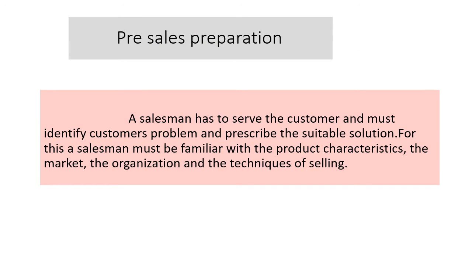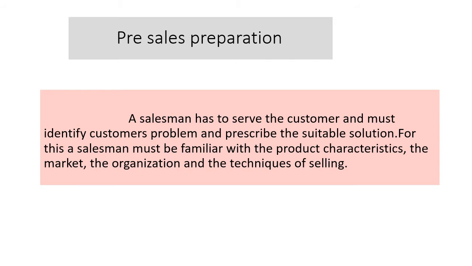The first step in the process of selling is pre-sales preparation. A salesman has to serve the customers and must identify a customer's problem and prescribe a suitable solution. For this, a salesman must be familiar with the product characteristics, the market, the organization, and the techniques of selling.